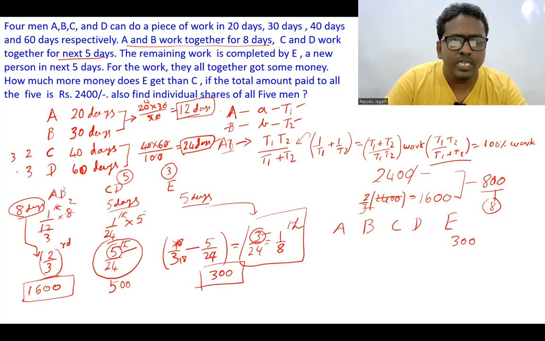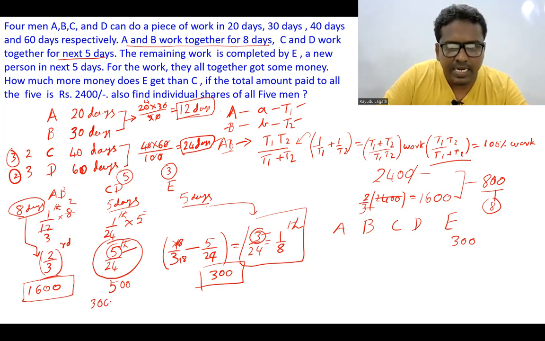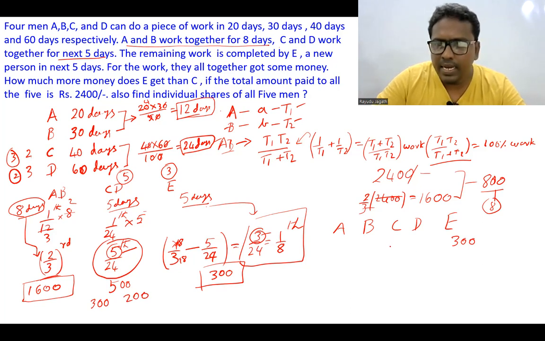Efficiency will be in the ratio 3:2. The more efficient person will get more amount, and the less efficient person will get less amount when working the same amount of time. So C gets 3 parts, D gets 2 parts. So C's share is 300, D's share is 200.